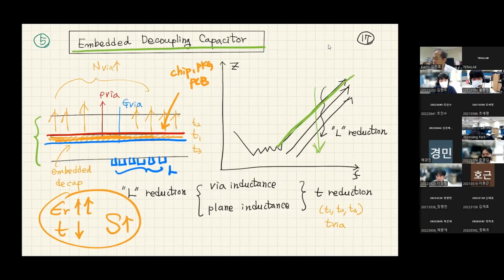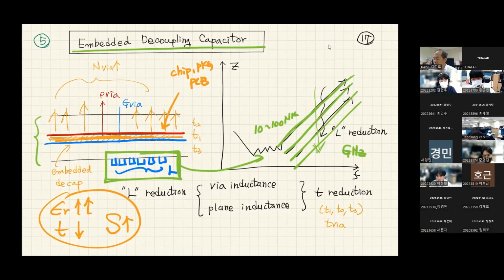By having this one, we can have this kind of inductance lowering at the gigahertz range. At the 10 or 100 megahertz range, we can put multiple decoupling capacitors on the backside of the PCB or the backside of the package. As shown here, we're gonna have numerous anti-resonance frequencies, and somehow we can achieve it.